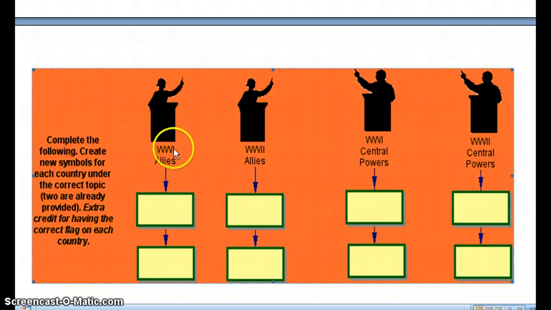They could be looking at who the Allies were in World War I, who the Allies were in World War II, who the Central Powers were, and they're able to display their understanding of important facts and the connections they have with particular groups. Again, it's a help in organizing information.